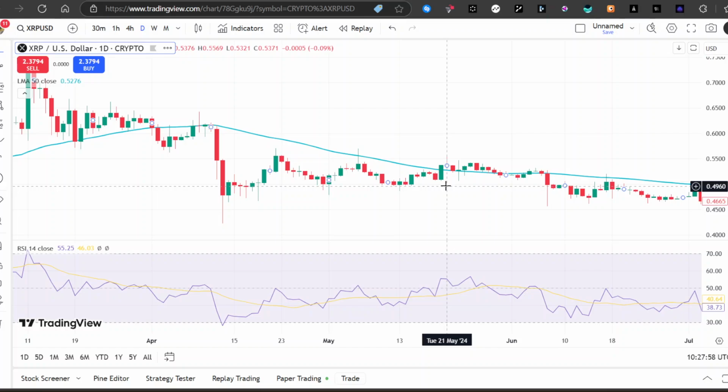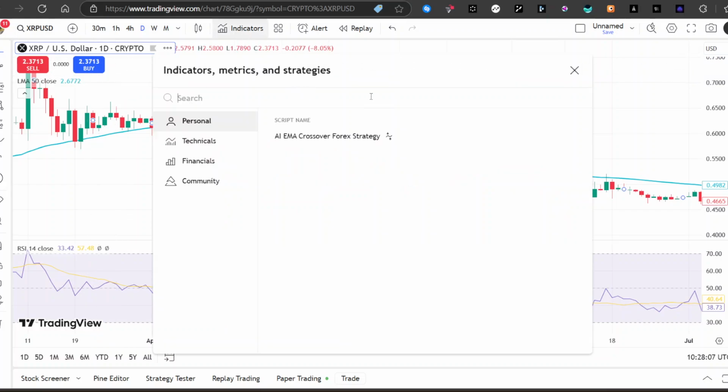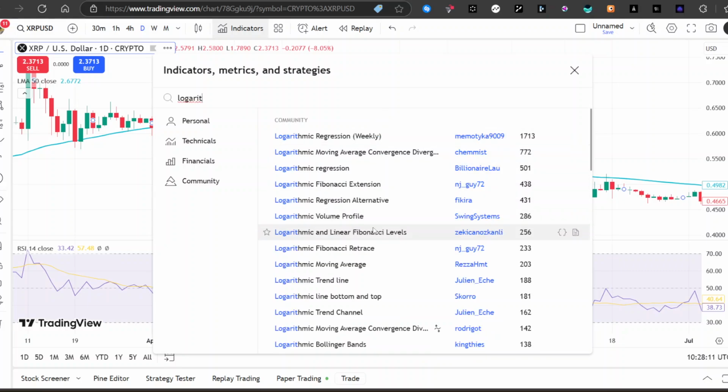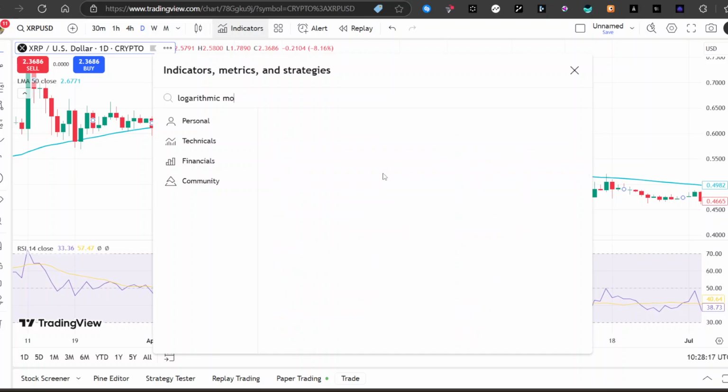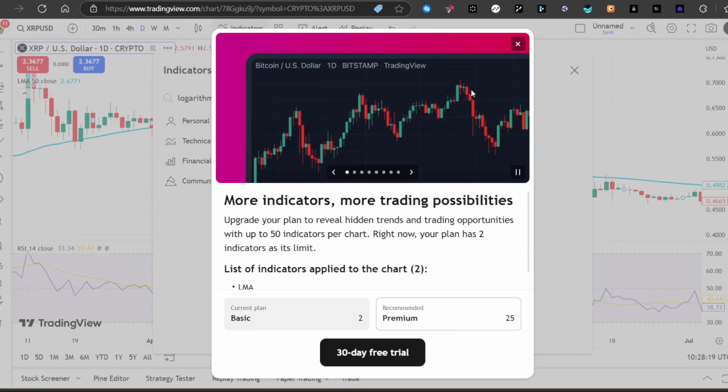Now you can also use this for a crossover strategy, right? When you want to use the crossover strategy, it means that you would have to add another logarithmic moving average with another period.